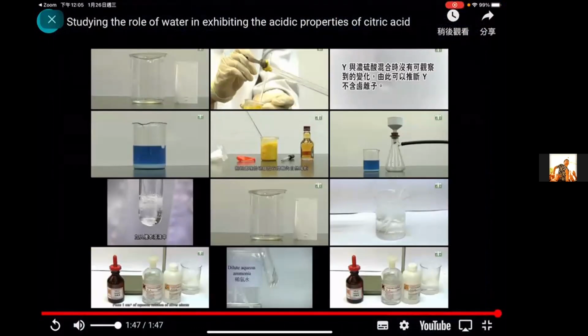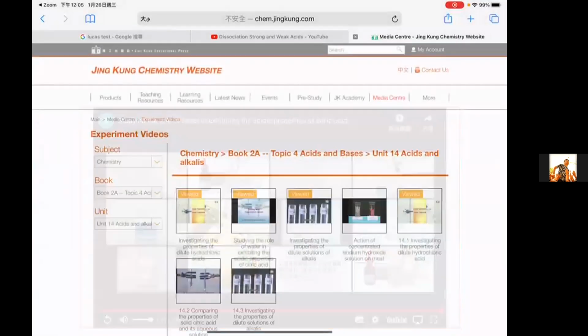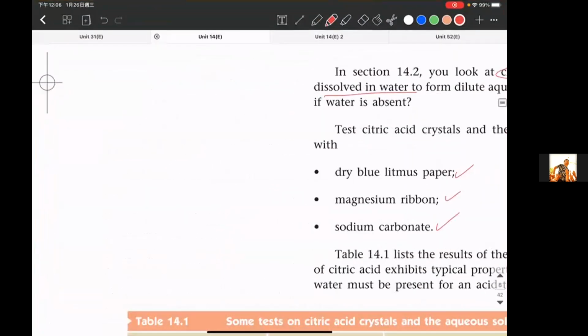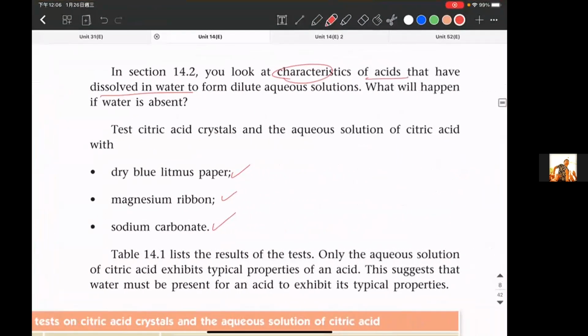Some of the chemistry of the reaction between acid on dry blue paper, magnesium ribbon, and sodium carbonate.